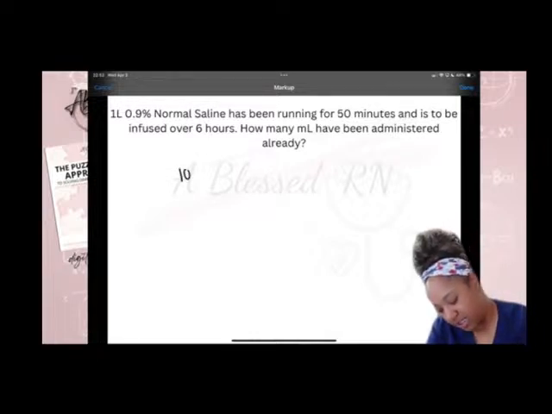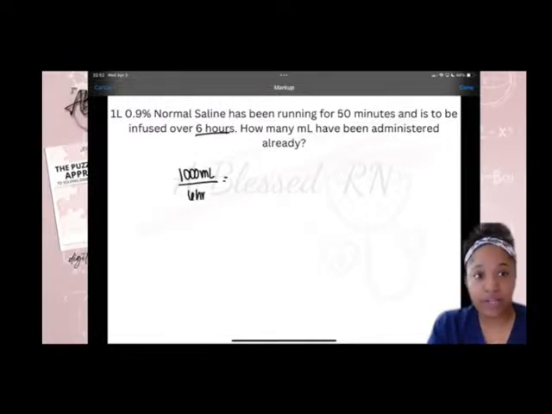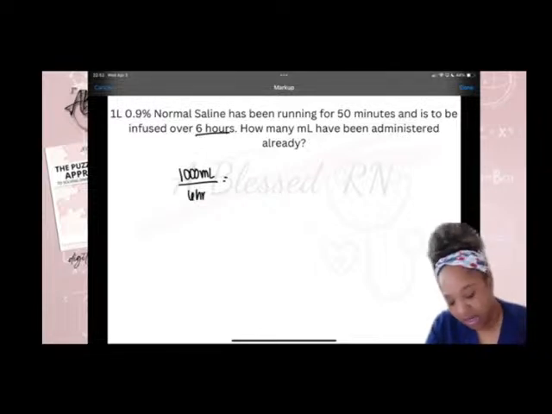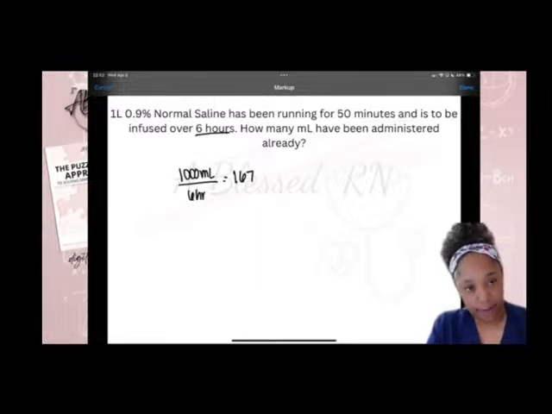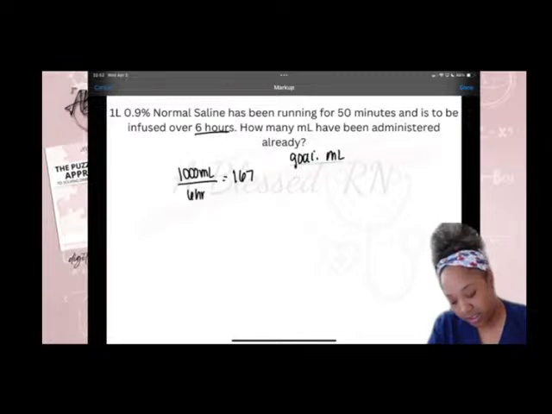So if 1,000 milliliters is to go over 6 hours, this is going to give us our hourly rate. 1,000 divided by 6 is going to be 167 because it's 166.66666. We're going to round it to 167. So we have 167 milliliters per hour, and it's been going for 50 minutes.